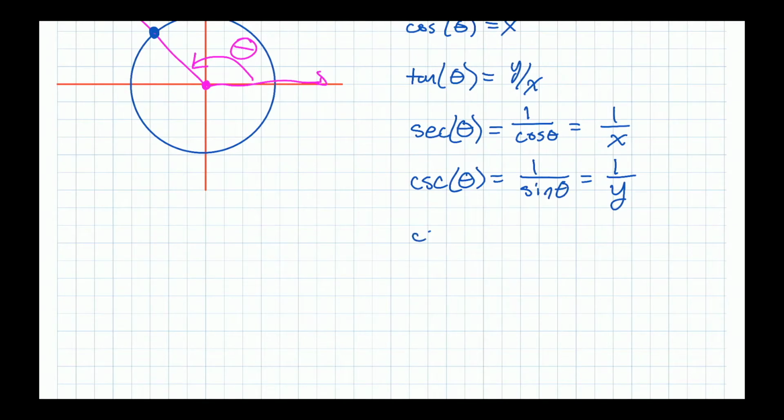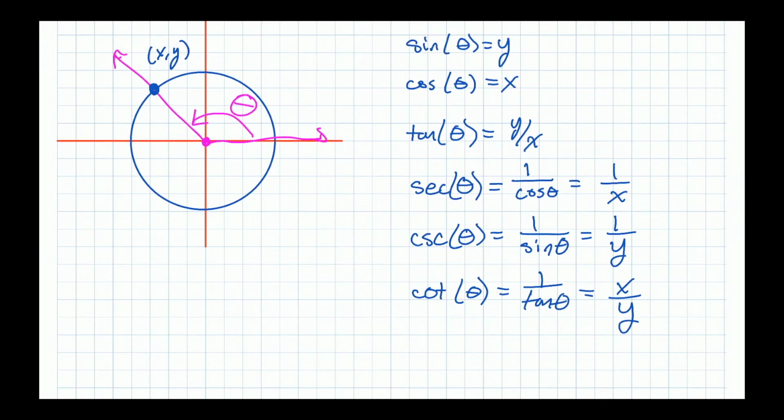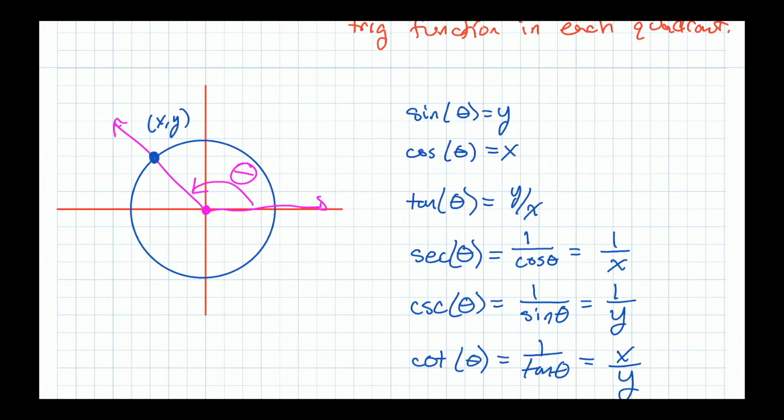And then we have the cotangent theta, which is 1 over the tangent theta, and that is x over y. So we've got these 6 different trig functions here, right? So here's our formulas. And based on what quadrant you're in, we should be able to figure out whether they are positive or negative.